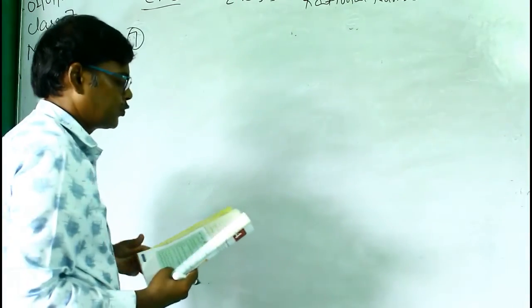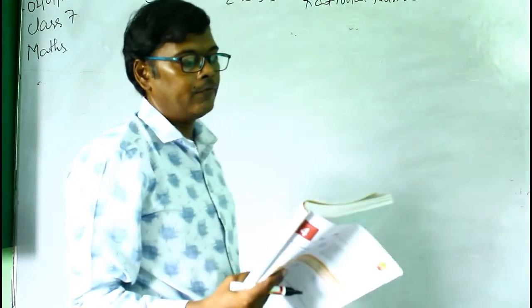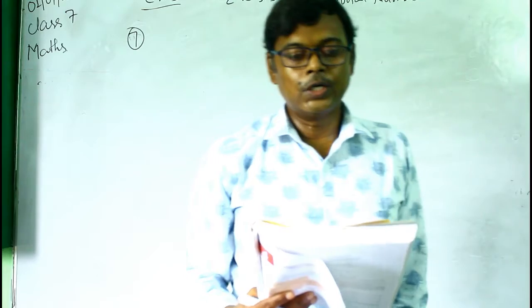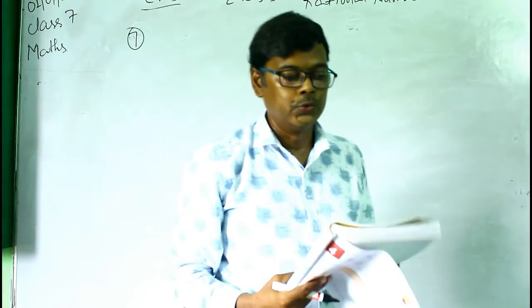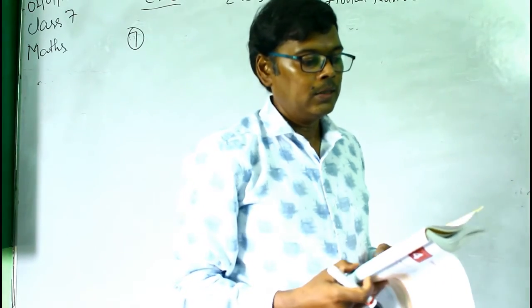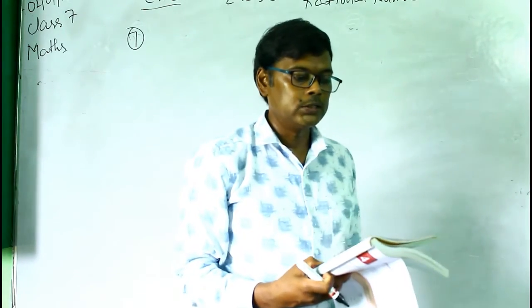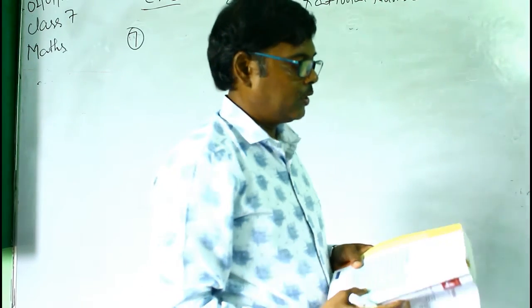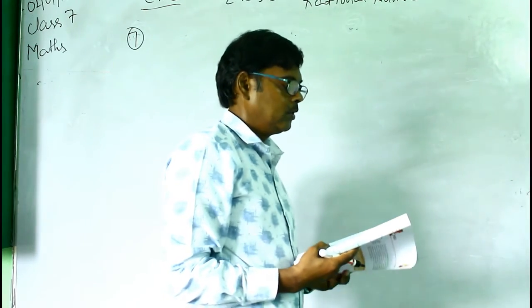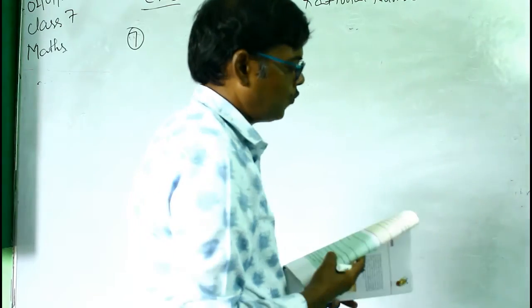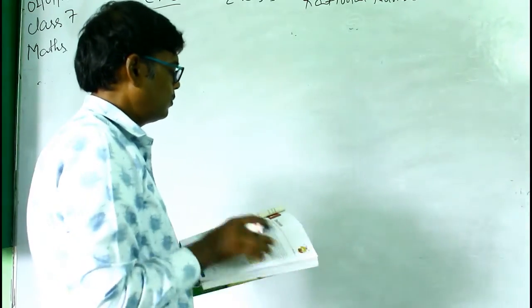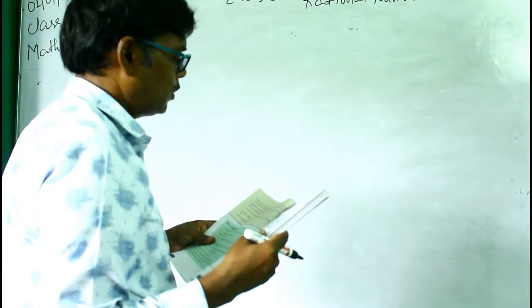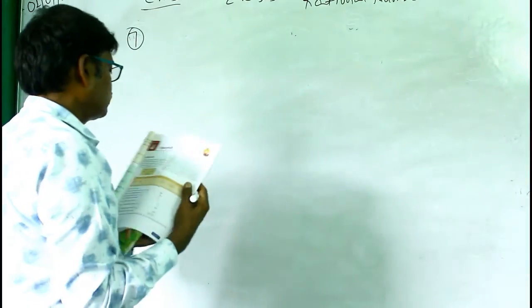In the first question, Rajat moves 4 by 5 kilometer towards east from point P to reach point Q, and from Q he starts moving 7 by 9 kilometer towards west to reach point R. What is the distance between points R and Q? How far is Rajat from points P and Q? Find the answer of this question.